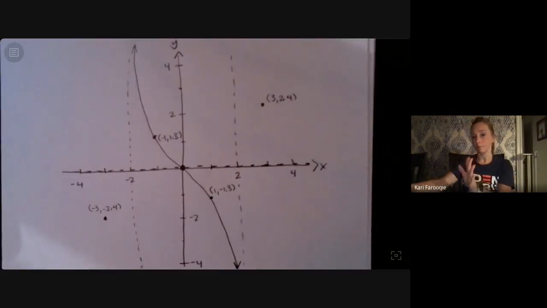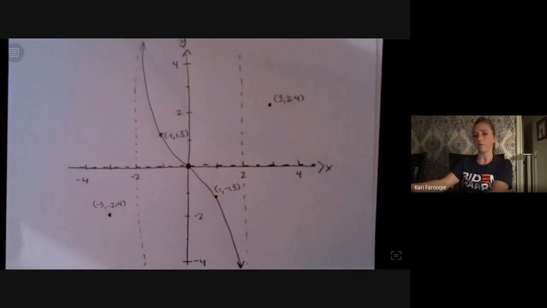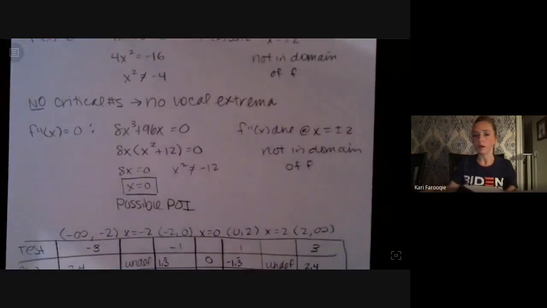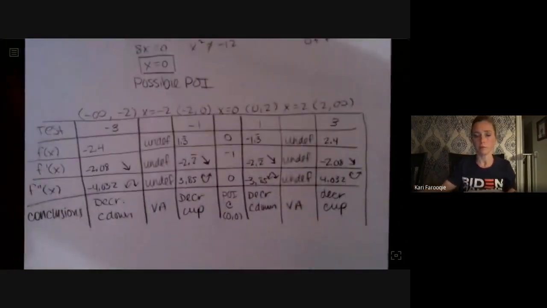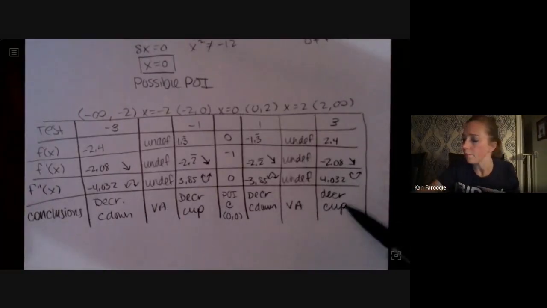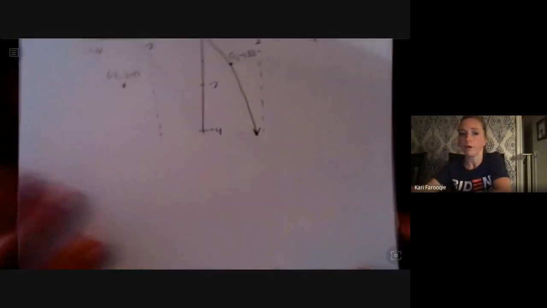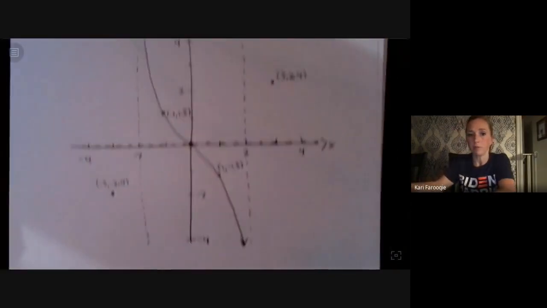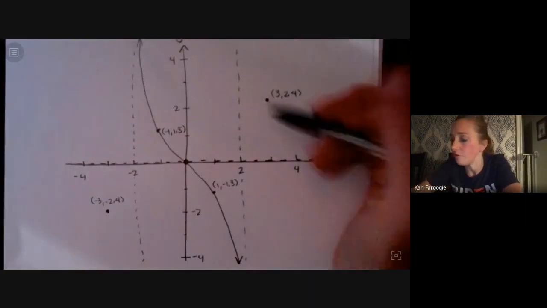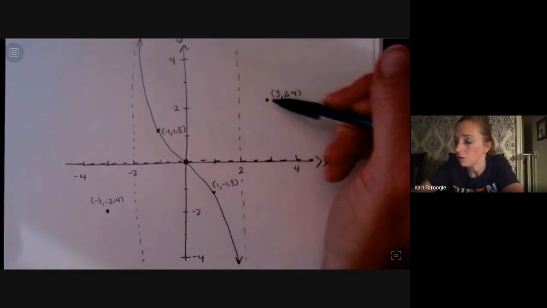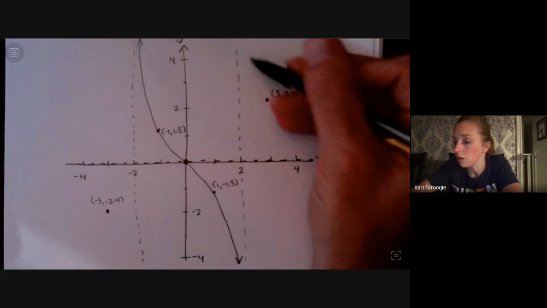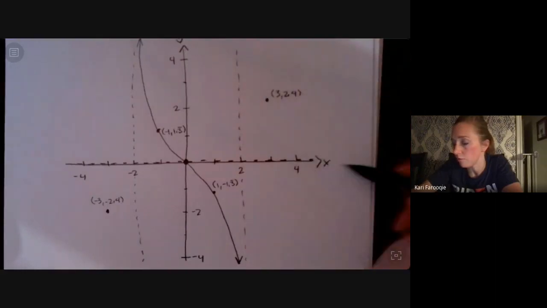Now, on the left and the right of the vertical asymptotes, let's do the right-hand side first. Why not? It just seems like it makes more sense. We are decreasing concave up from 2 to infinity. Okay, well, notice that you already have a point over here. To be decreasing concave up, the only thing we can do and go through this point is approach both of these asymptotes.